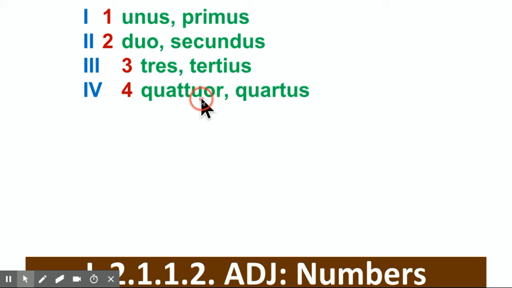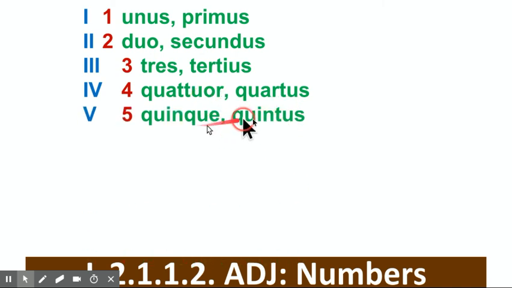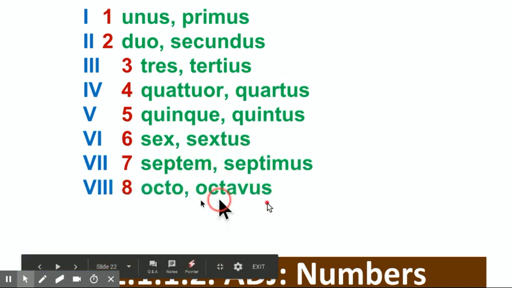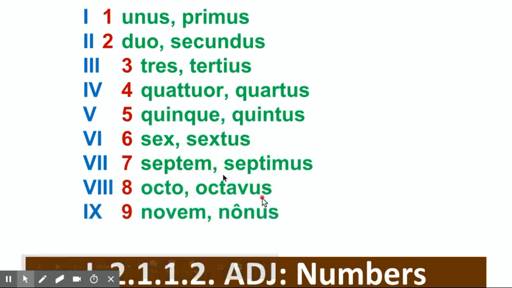Quattuor, just like Spanish, cuatro, and quartus. That's what a quarter is. You get four of those in a dollar. Quinque versus quintus. Sex, sextus, six, sixth. Septem, septimus, seven. Octo, octavus, eight.